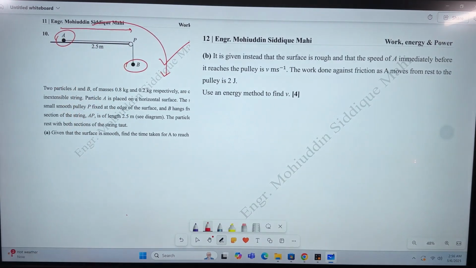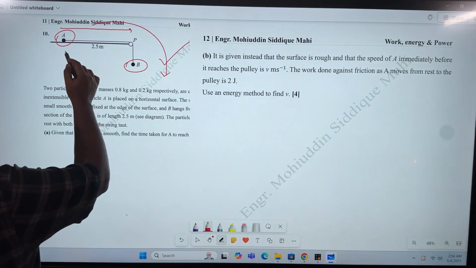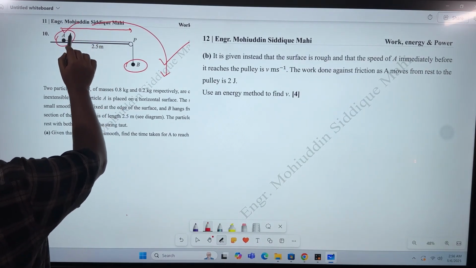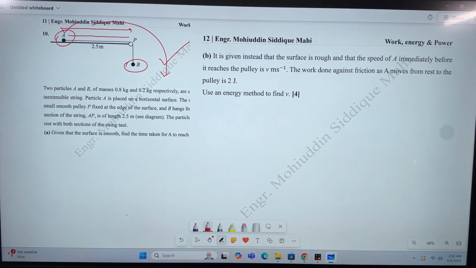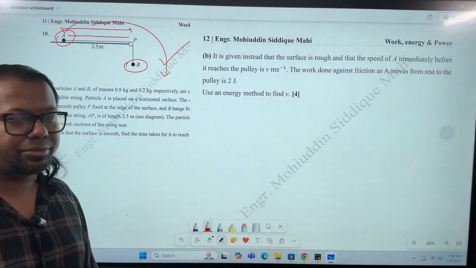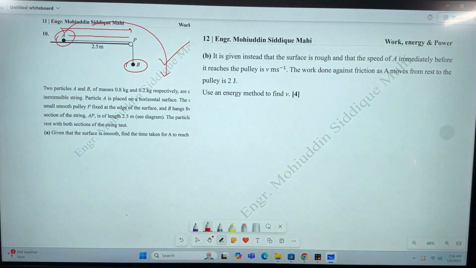If you consider the vertical direction, the position of A is the same, so it's not actually losing any quantity of energy in terms of gravitational potential energy, right?